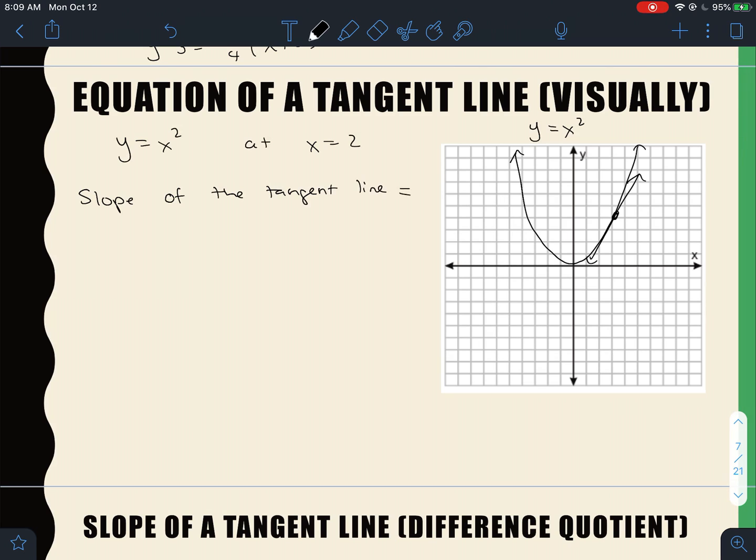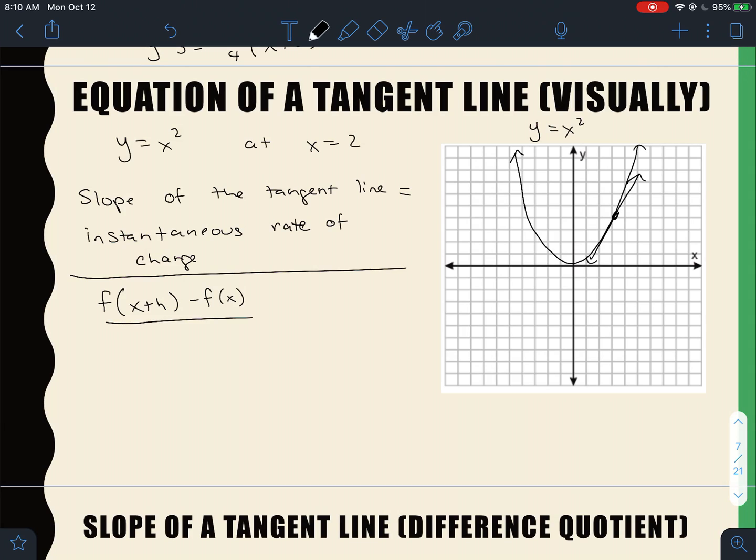The slope of the tangent line is what we called previously the instantaneous rate of change, or the instantaneous velocity. And in order to find the instantaneous rate of change, we found f at x plus h minus f of x all over h, where h is getting really, really close to 0.